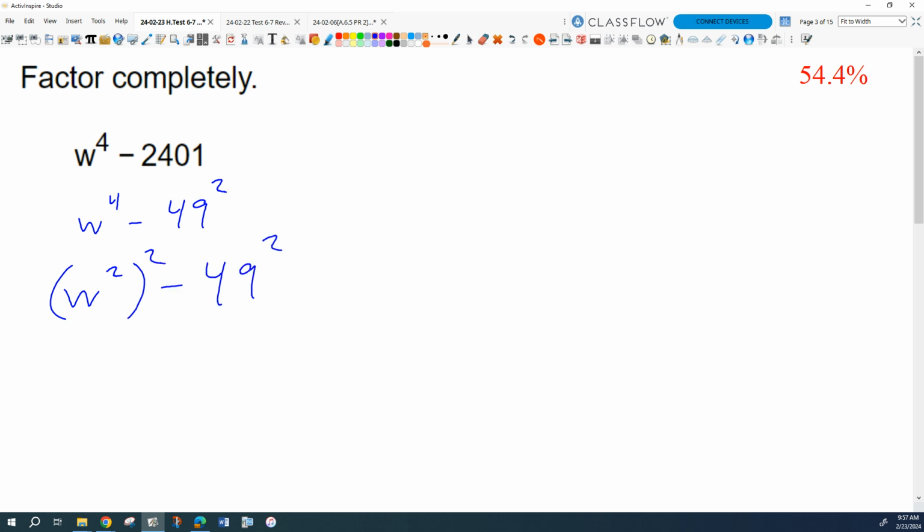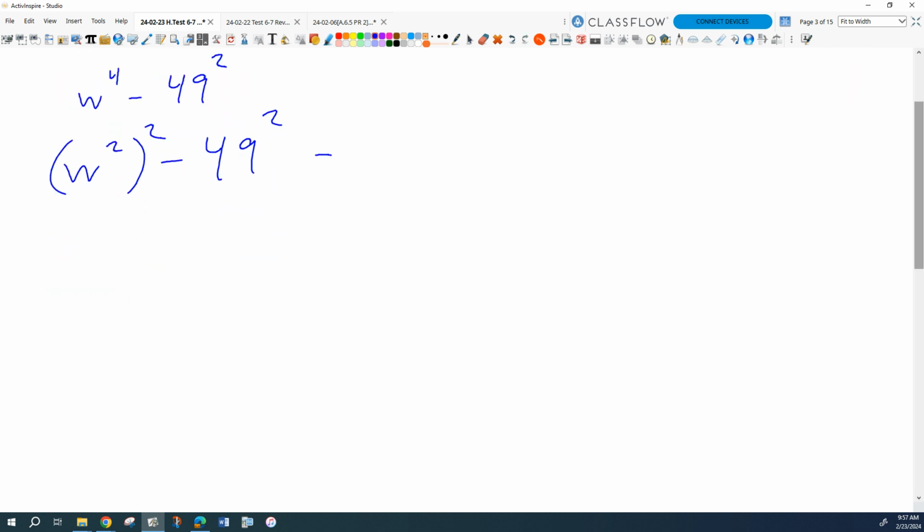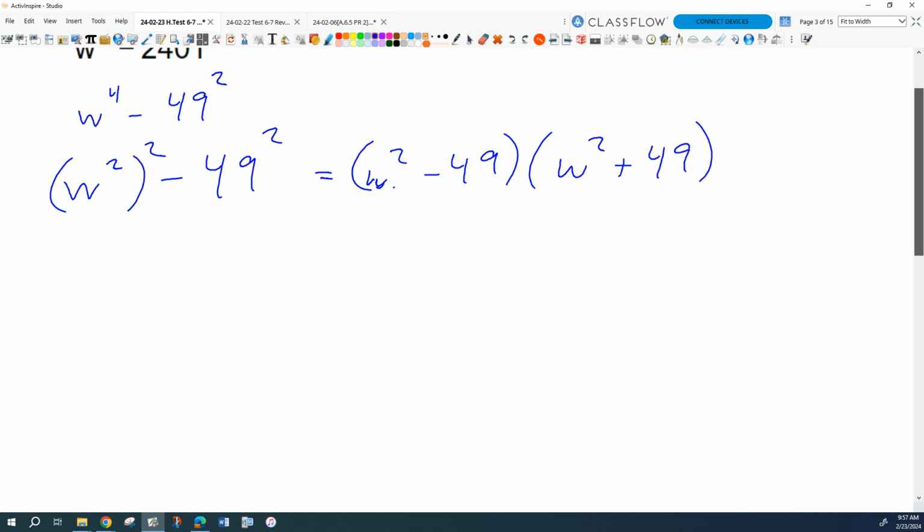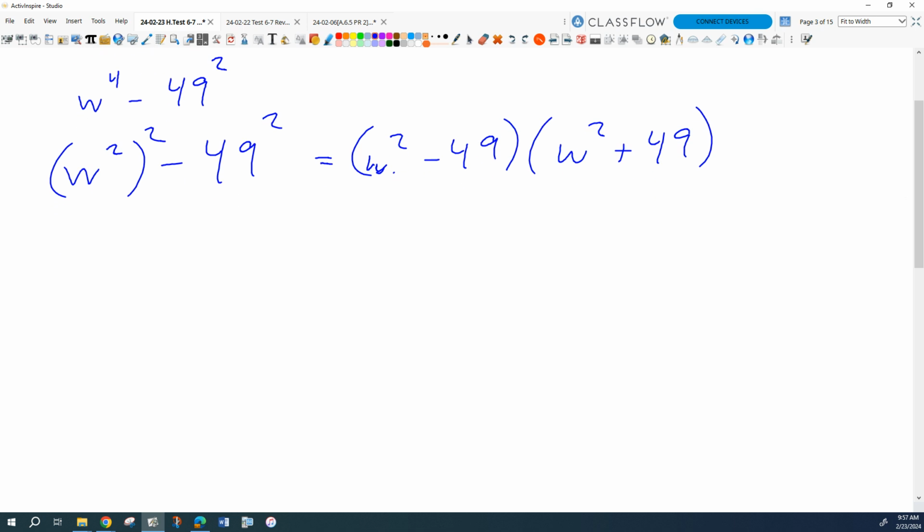That's a difference of squares, isn't it? That's a squared minus b squared, right? So we can split this apart into w squared minus 49 times w squared plus 49. Does that make sense? Are we solving an equation here? No, we're just factoring. Can we go any further?